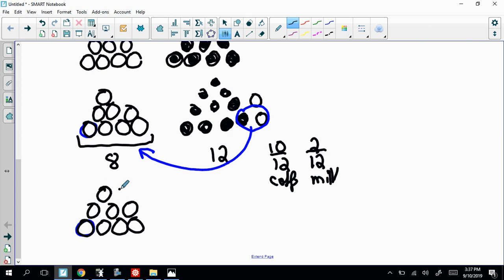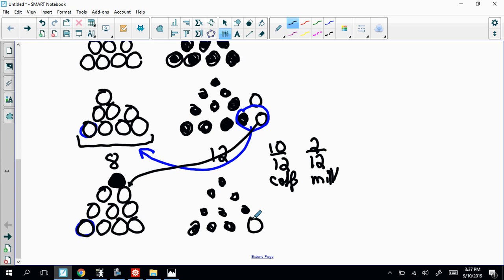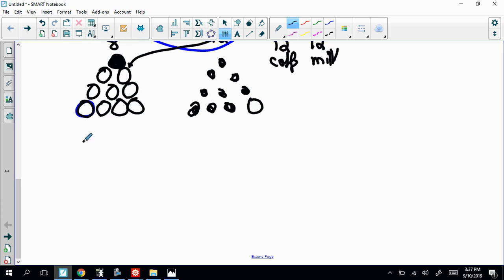But this new one coming back and a black one leaves me with 1, 2, 3, 4, 5, 6, 7, 8, 9, 10. 9 milk, 1 coffee, 9 coffee, 1 milk.